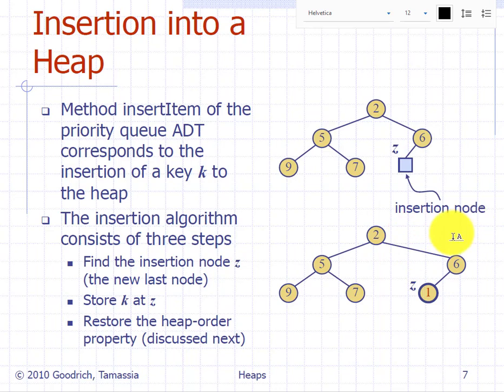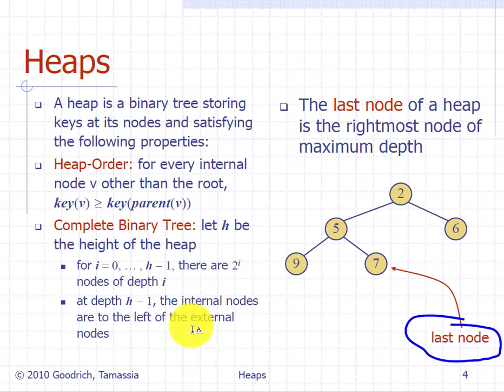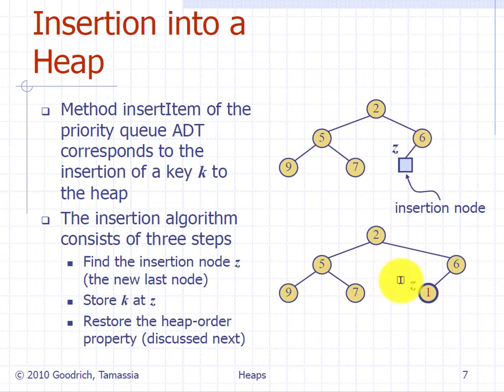The heap order property says the key of a node V is greater than the parent. But here the key is not greater than the parent. So it violates that property. 1 is smaller than 6.